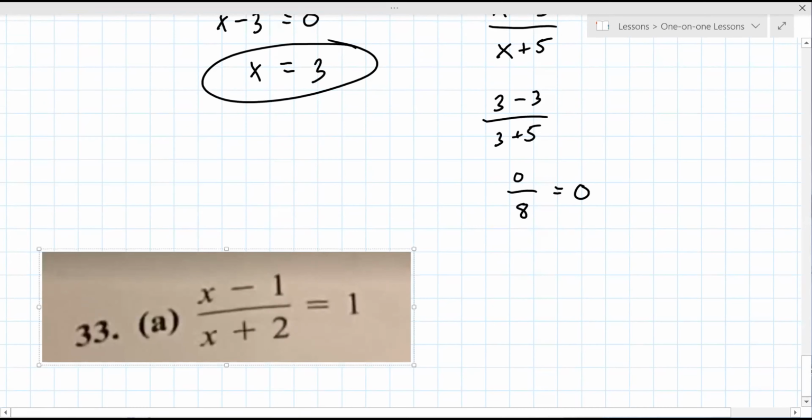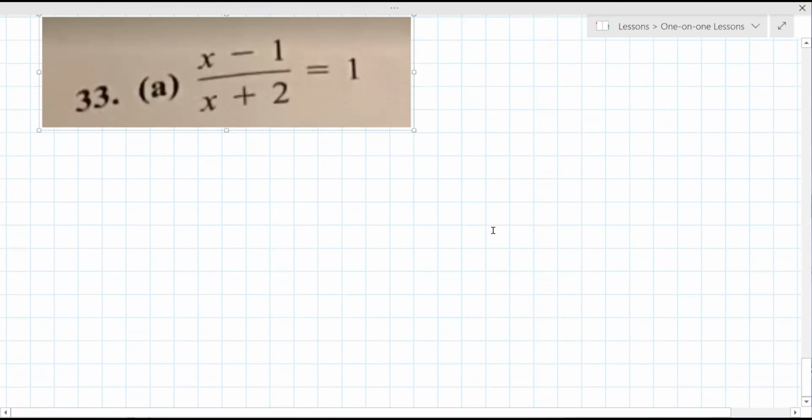So we care about where this thing equals 1. So you can cross multiply. That's probably the best thing to do here.